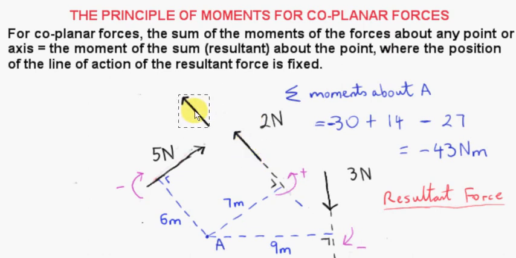So I'm copying this vector and moving it parallel to itself, so its tail is at the head of this 5 Newton vector. Finally, we take the 3 Newton vector and make a copy of this. Okay, so to get the sum of the 3 vectors, I'm going to join the tail of this vector to the head of the last vector that I put here, which is about here.